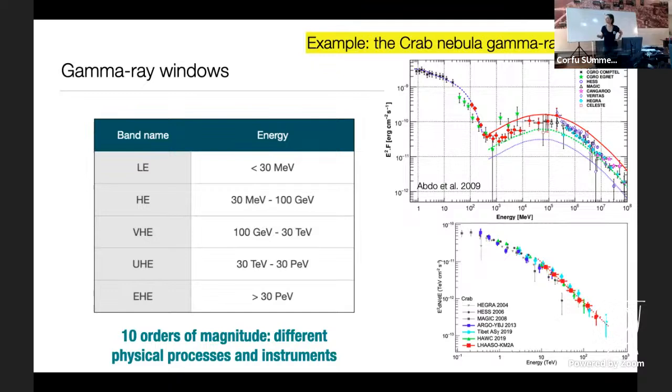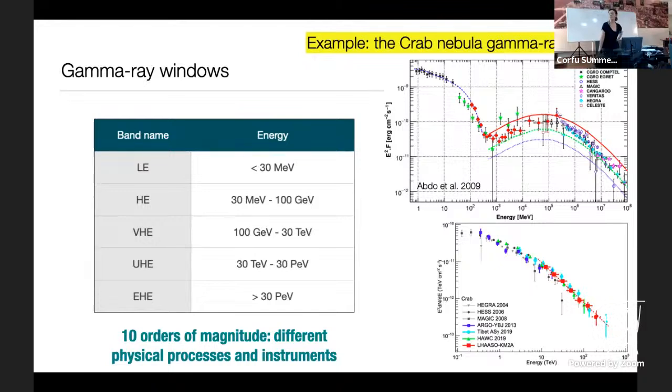And also, this plot is too small to cover all the energies. There is an addition at ultra high energy, hopefully up to the extremely high energies, in which you can see the most recent result of LHAASO, going up to 100 TeV in this case for the Crab nebula measurement.